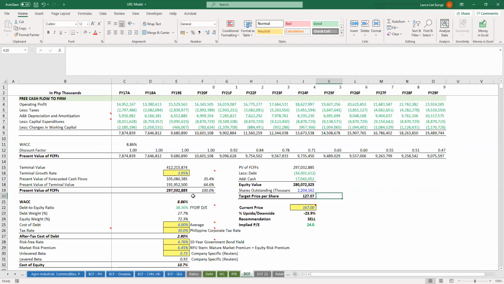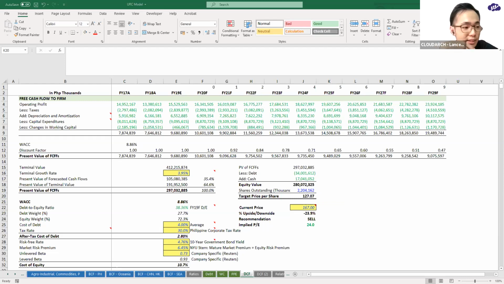But if you're not going to go into those accounts, then just do the simple DCF, like what we did for Teladoc, because you basically arrive at the same target price, right? So yeah.